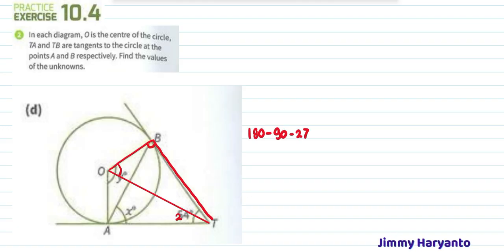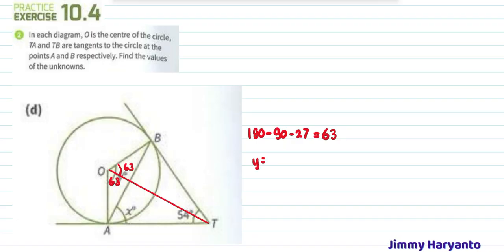Oh yeah, I forgot to divide the 54 also. That one is 27 and 27. That means the result is 63. If this one is 63, that one is also 63. That means y equals 2 times 63, and it's equal to 126. This is the y.